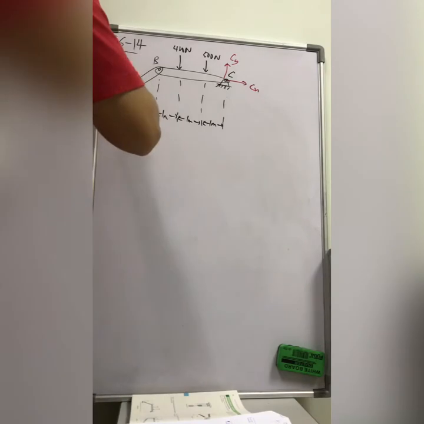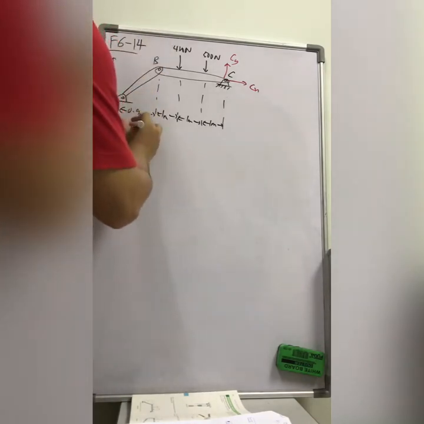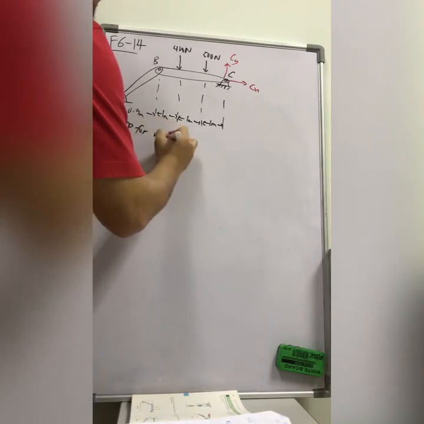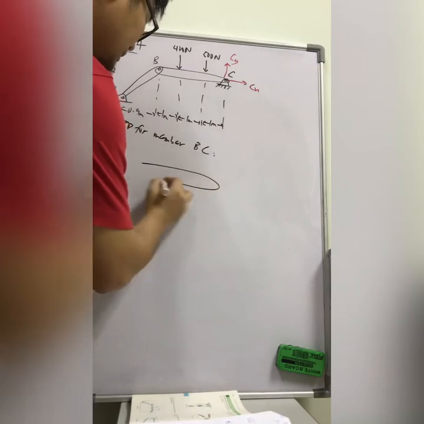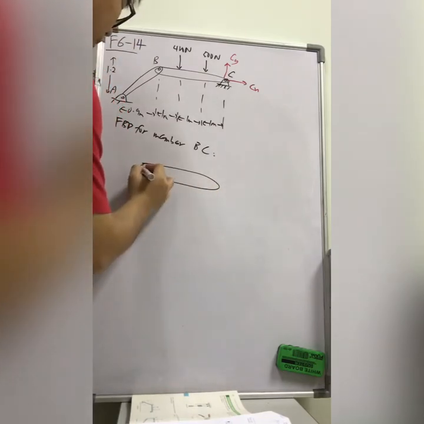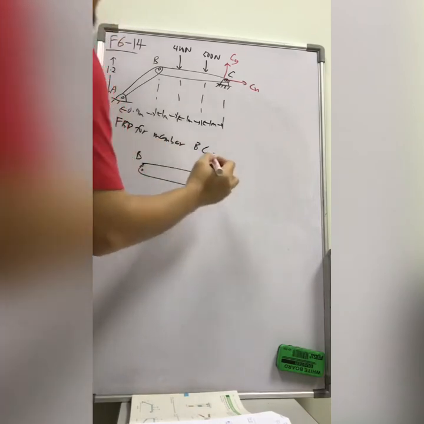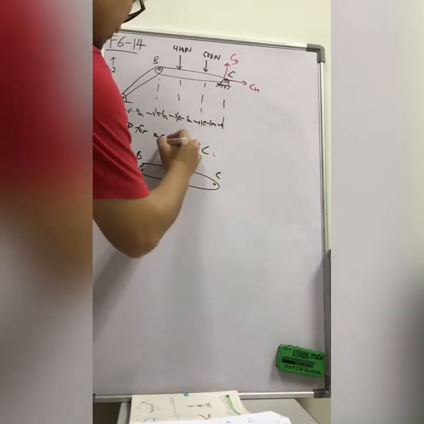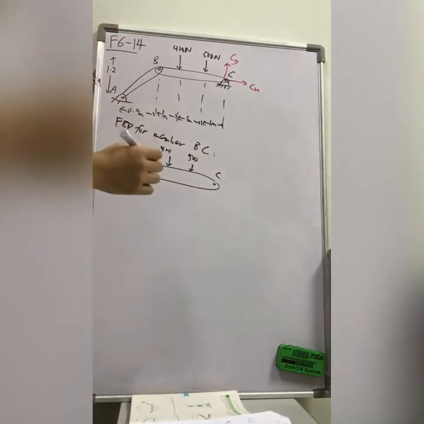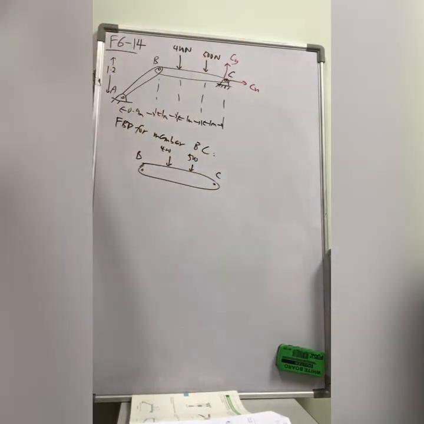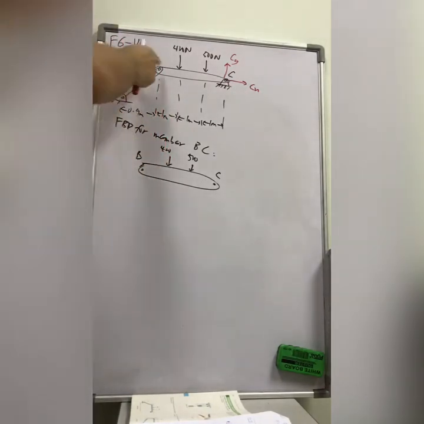Okay, so if this is a two-force member, then you just have to draw the free body diagram for member BC. This is member BC, the horizontal member, which is B and C. Of course you have the 400 Newton and 500 Newton loads applied. And what else do you have? The one here is at C. But what happened at AB?